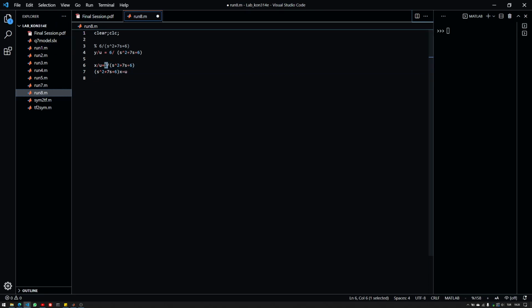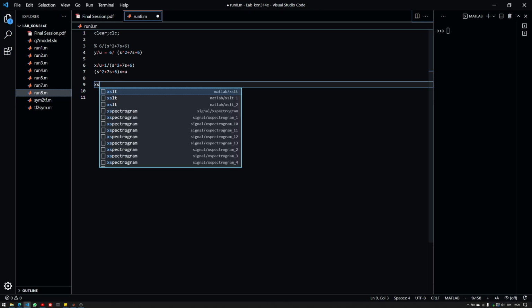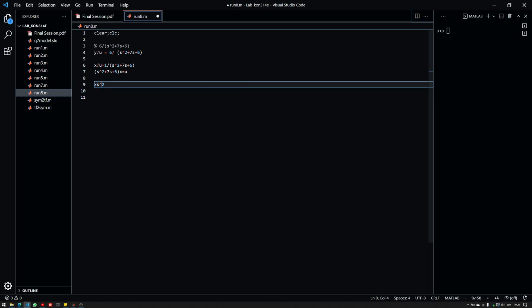Since I have used 1, I can just have u on the right hand side, and then I have x times this polynomial here. So we can also distribute x on this parenthesis to get s squared times x plus 7s x plus 6x equals u.